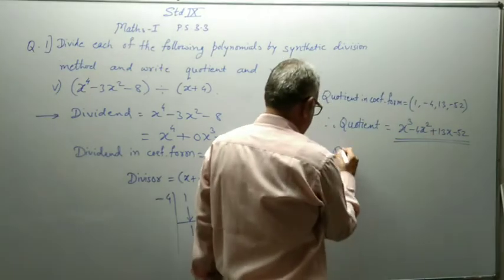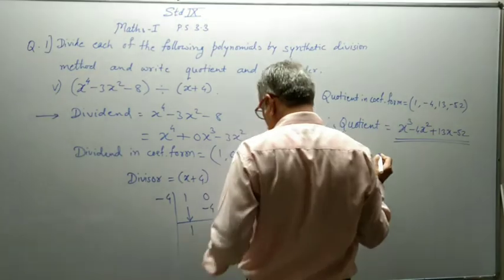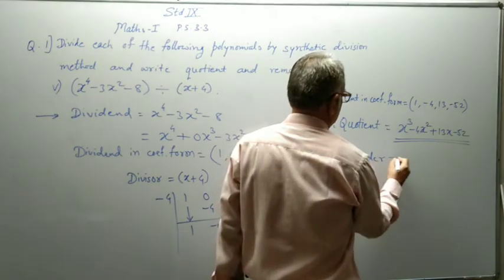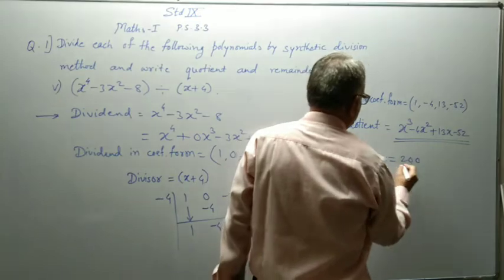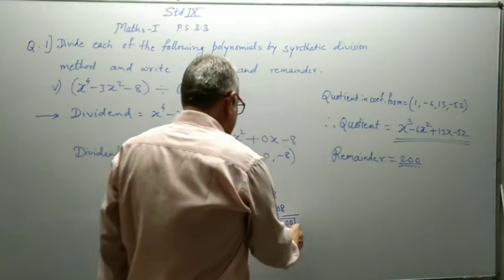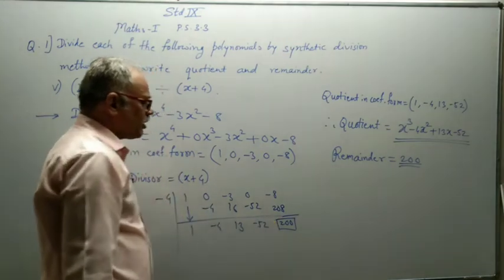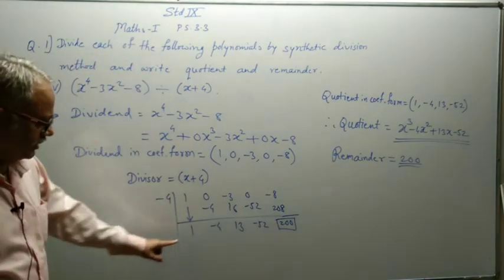And the remainder is 200. Again and again I am telling you, this last box indicates the remainder, and the remaining part indicates the coefficient form of the quotient in this answer.